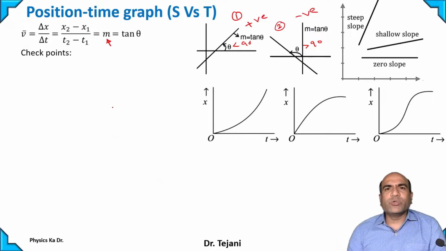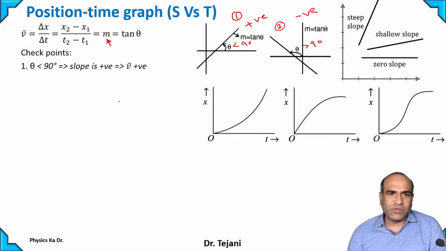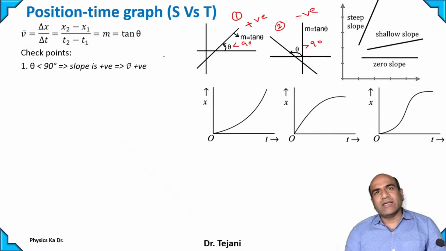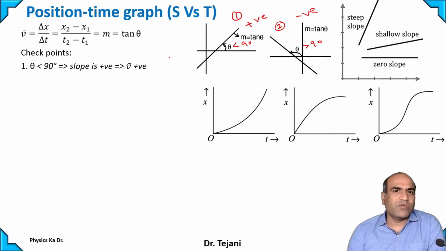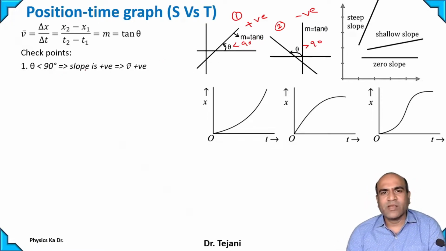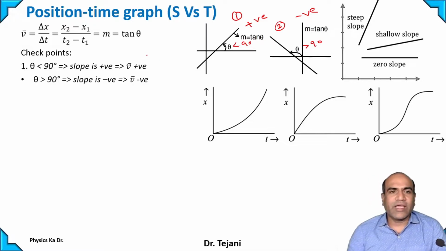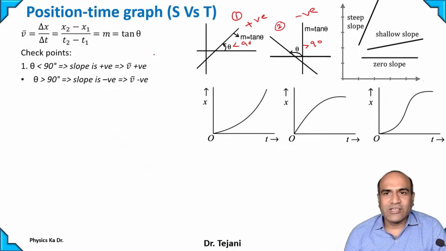So what are we going to check while reading the graph or while preparing the graph? First, we need to check whether the angle is less than 90 degrees or greater than 90 degrees. If it is less than 90 degrees, the slope is positive, and if it is greater than 90 degrees, the slope is negative.